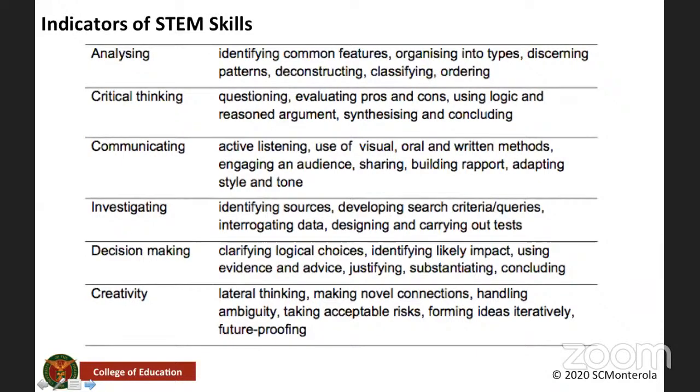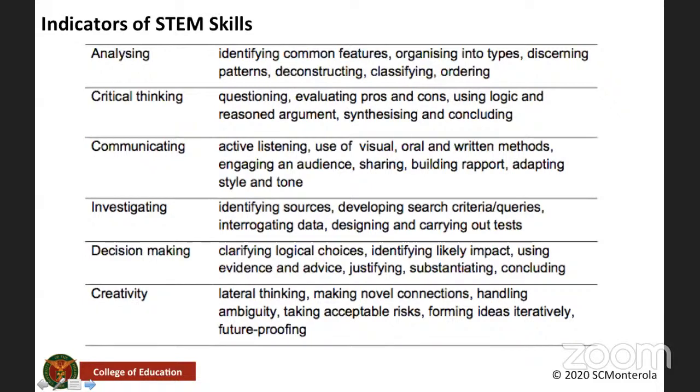Investigating, part of investigating is being able to identify sources, reliable, credible sources, developing search criteria or some queries, interrogating data. So for example, earlier I talked about giving a graph, or let's say giving a set of data to your students and being able to ask relevant questions with regards to the data.